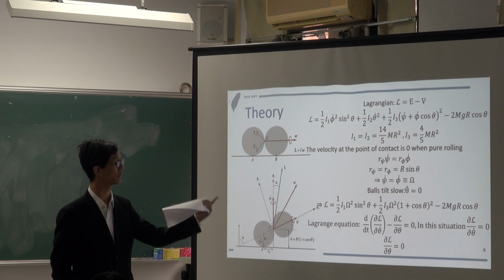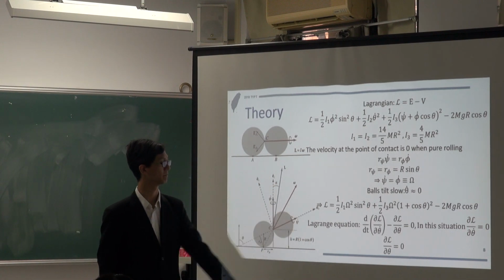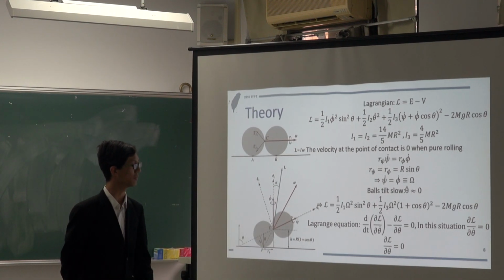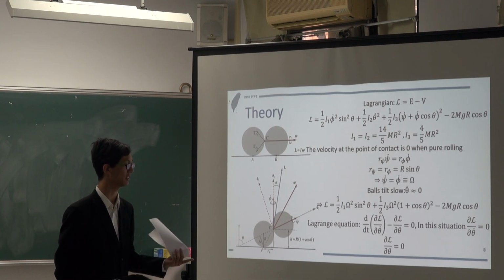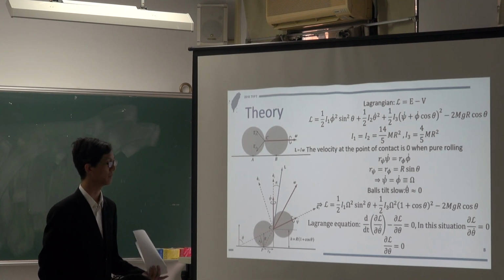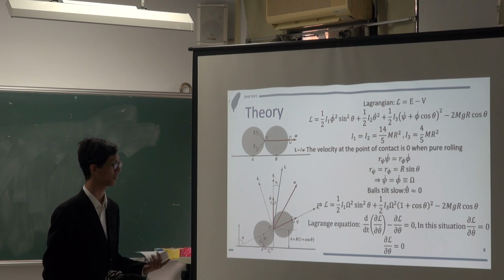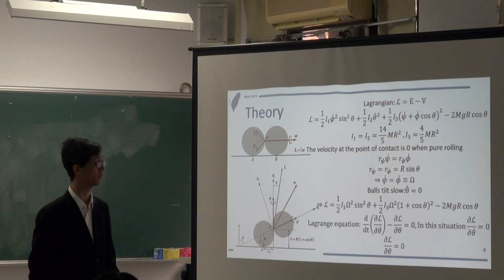And then the new equation is seen here. After we take the partial derivative by psi dot and then differentiate it by time, after calculation we can get that when we take the partial of the Lagrangian by psi, it equals 0.